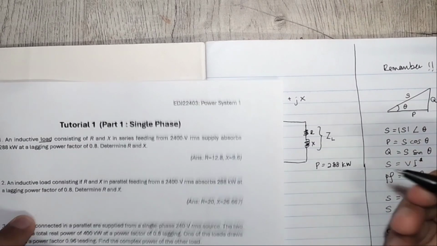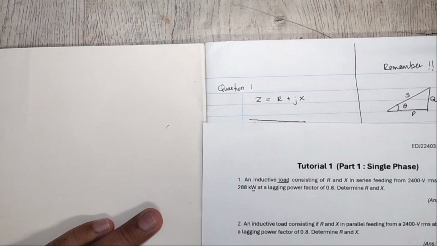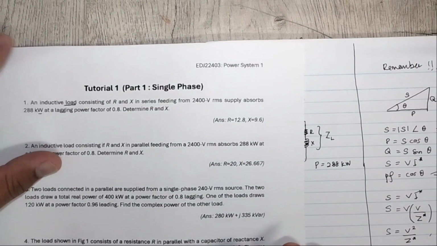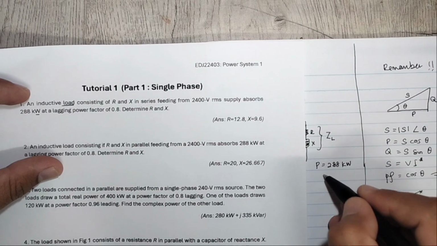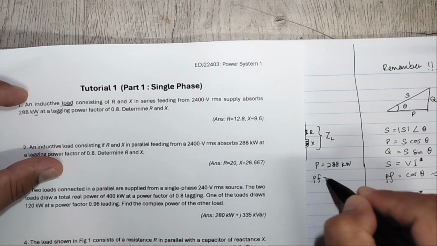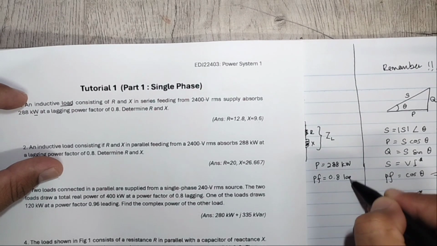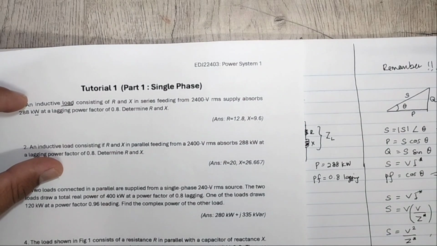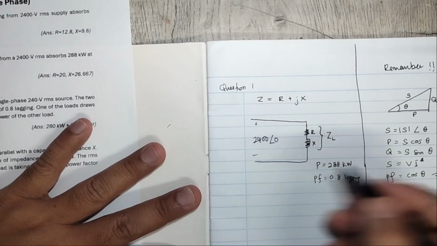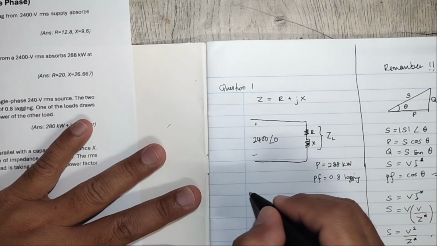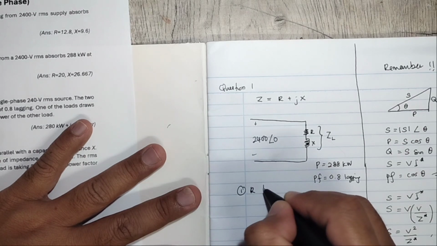How do I know it is P? Because its unit is watt. So P is equal to 288 kilowatt, and with lagging power factor, PF is equal to 0.8 lagging. The question asks you to find the value of R and X.